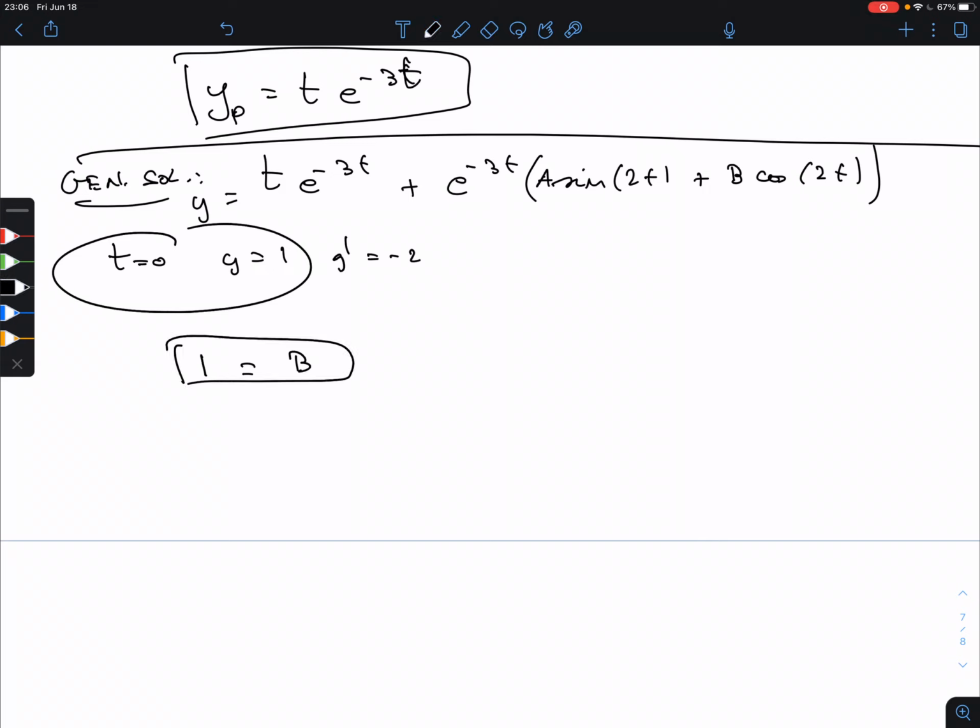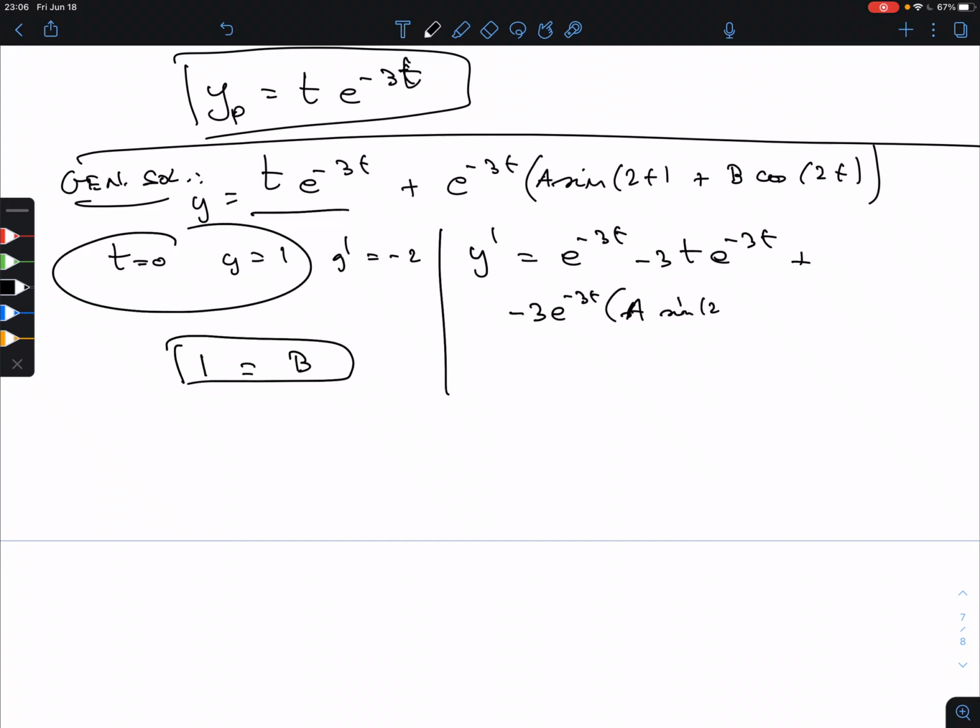That was harmless. Okay. So what we need is, of course, the derivative, y prime. Now, don't forget this is a product, so there's e^(-3t) minus 3 times t e^(-3t), the derivative of e^(-3t). Then this is a product too: plus minus 3 e^(-3t) times (a sine 2t plus b cosine 2t), plus e^(-3t), and now I take the derivative of these guys.